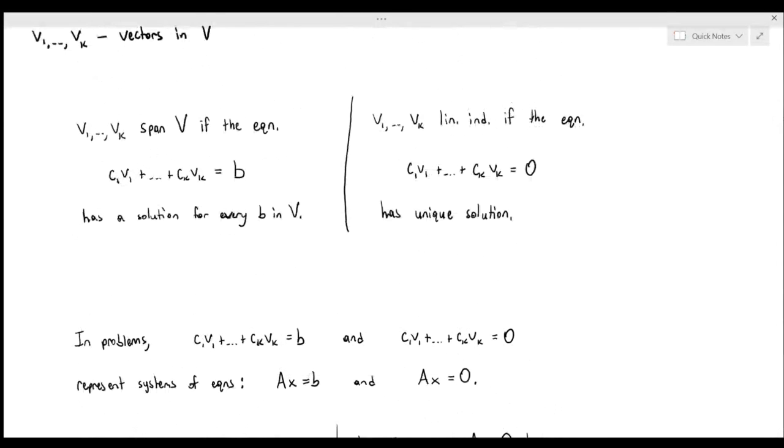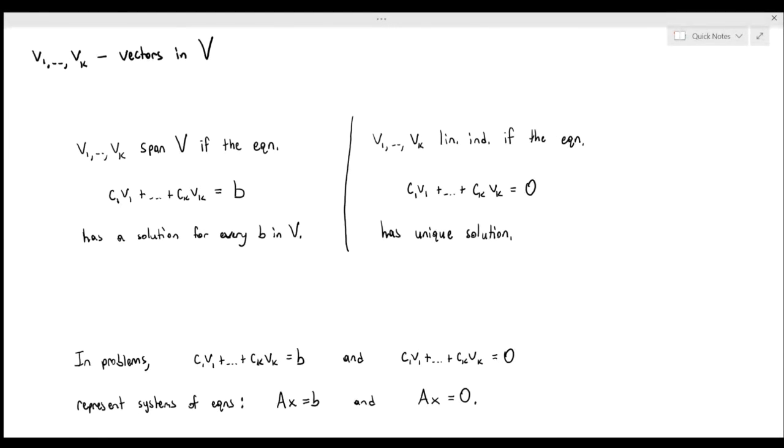Okay, so when we are working problems, to check if vectors span a space, we want to set up this equation and see if this equation will always have a solution. For independence, we set up a very similar equation. The only difference between these two equations is the right-hand side.